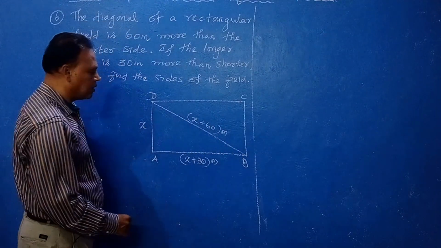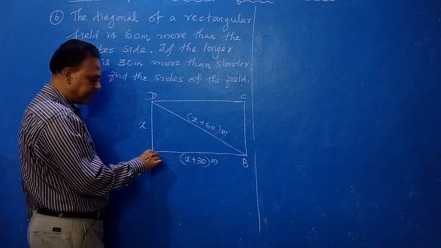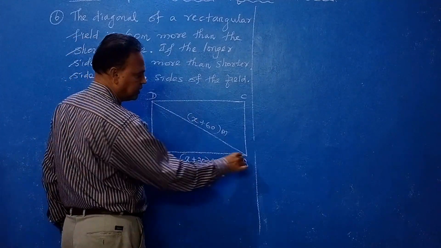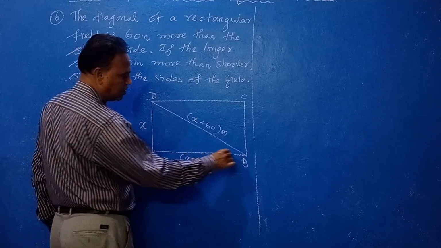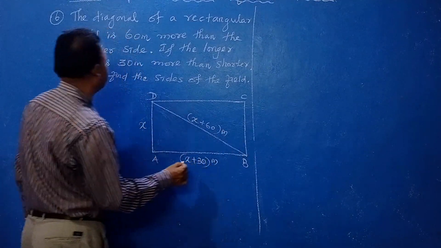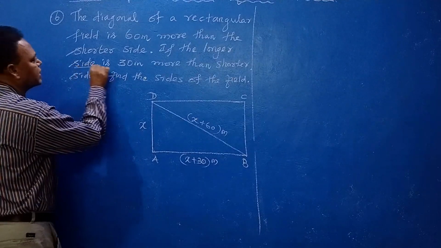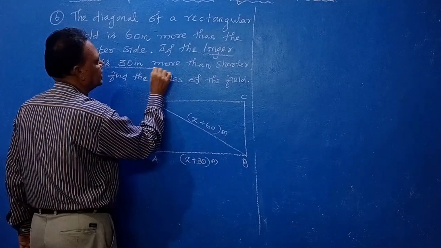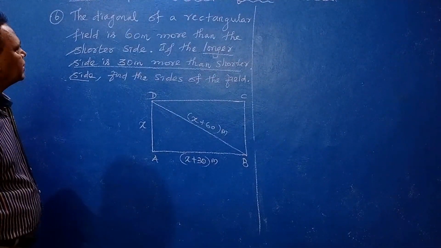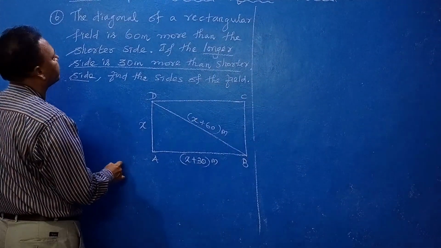Okay. So now, let the shorter side be x meter, then the longer side of the rectangle is 30 meter more. Longer side is 30 meter more than the shorter side, it is given. Then one more condition is also given.